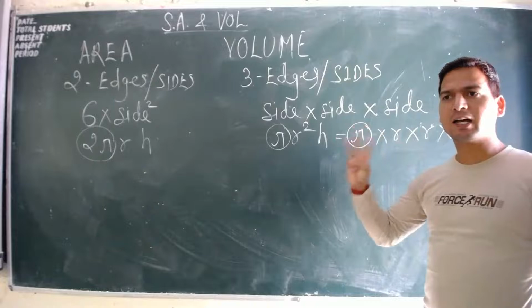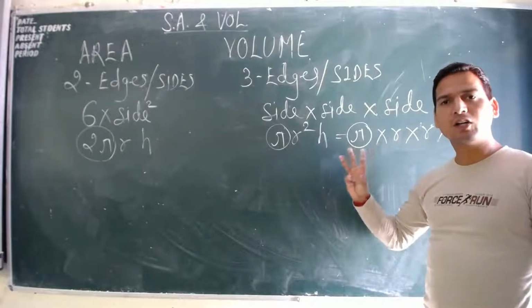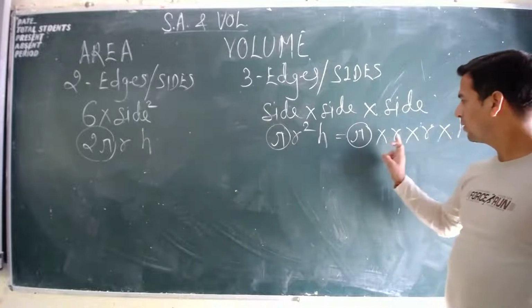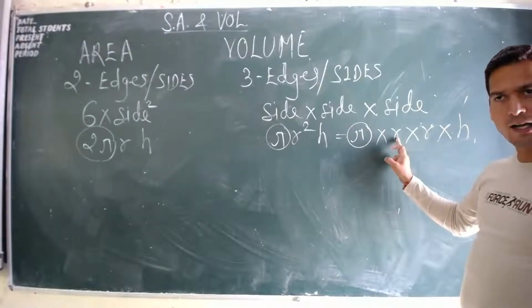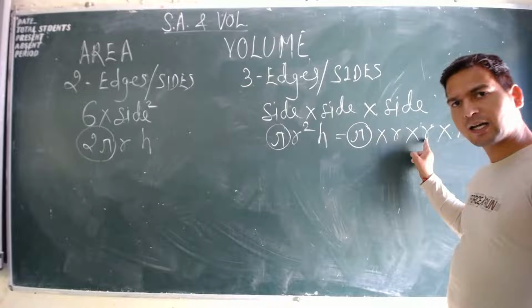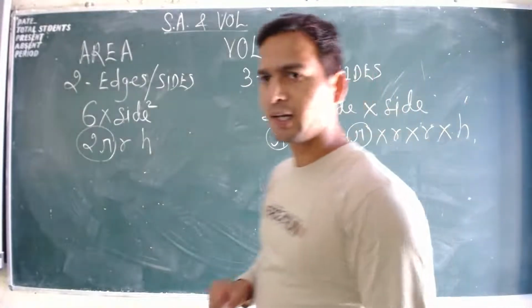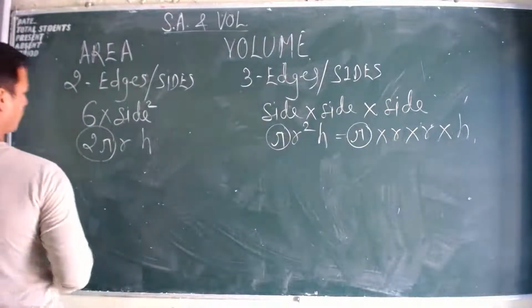Which means three edges are used here. That's why this is the formula of volume. Clear?